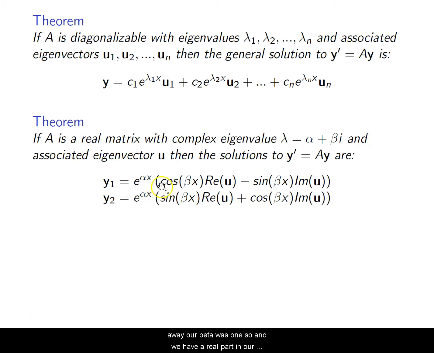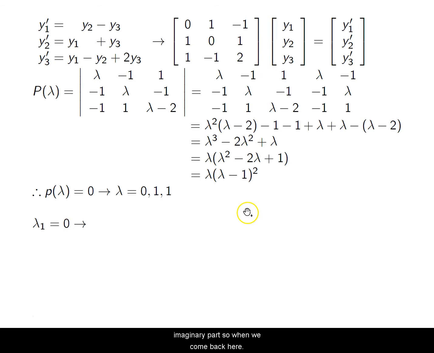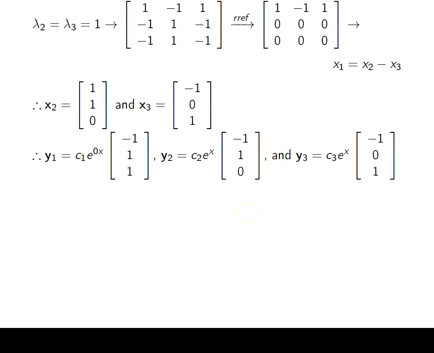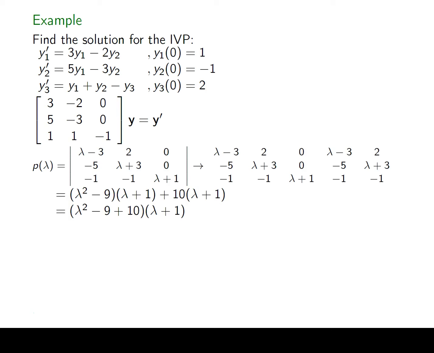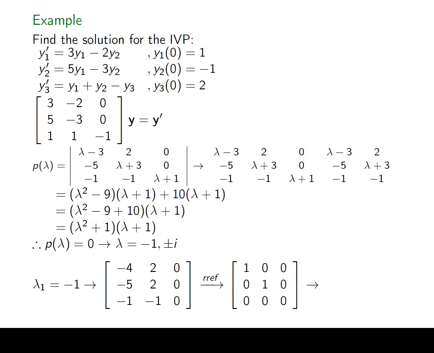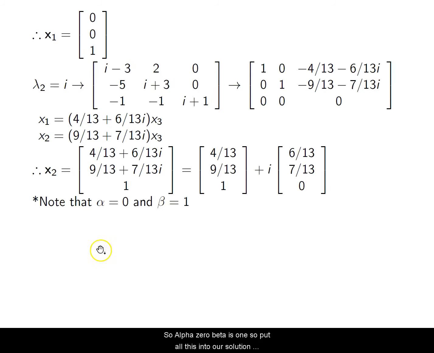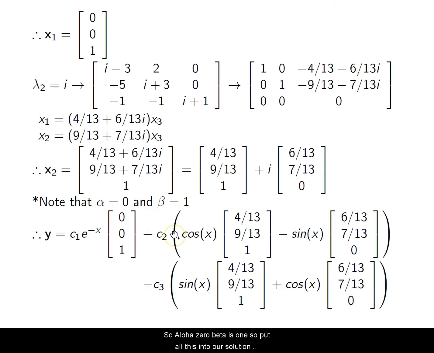So what we're going to do is plug in our alpha, which was 0, so this will go away. Our beta was 1, and we have our real part and our imaginary part. So alpha is 0, beta is 1, plug all this into our solution, and this is what we have. C1 times e to the negative x, because my first eigenvalue was -1, and this is the eigenvector that goes with it.